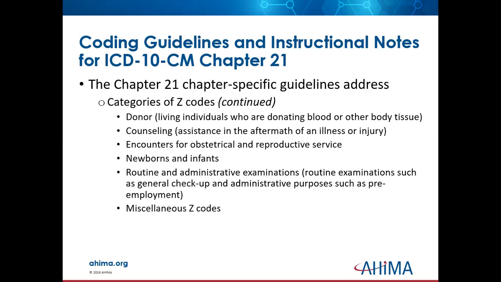So somebody who's donating blood at the blood bank, this is a type of code you would use. Counseling, encounters for OB and reproductive services, newborn, well baby appointments, administrative exams, and many others. There's a great chart in your book, and I want to bring special attention to it. So please pay special attention to what I'm about to show you.